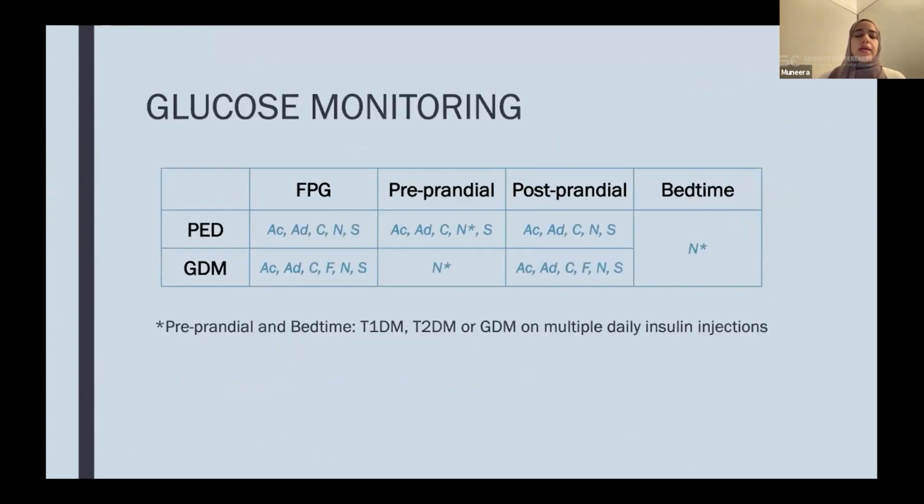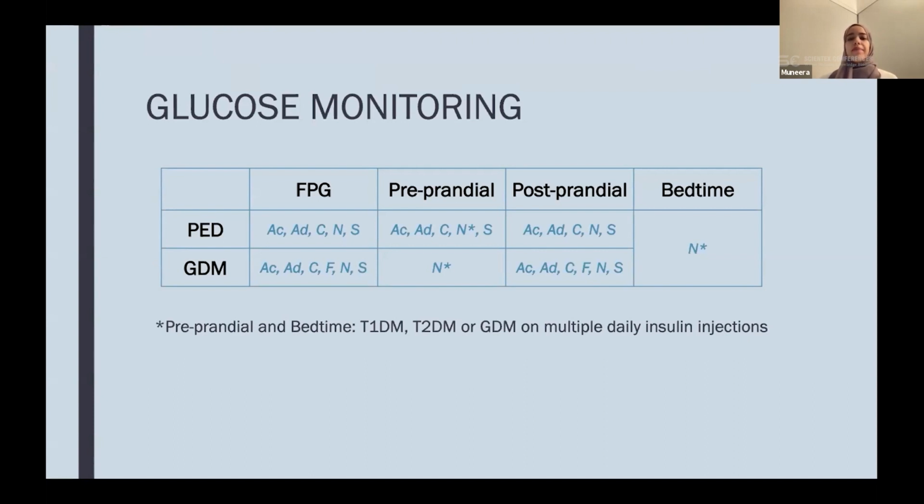Now we know the diagnostic criteria. Now patients are diagnosed with diabetes. We need to know how often they need to monitor their glucose. So obviously patients with pre-existing diabetes need to monitor their plasma glucose more frequently, and that might include preprandially and at bedtime.